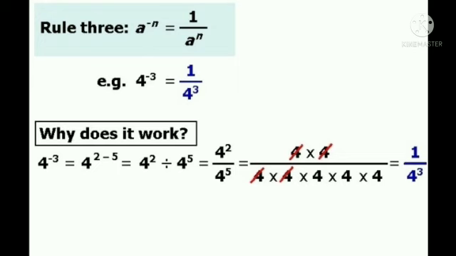Why will you take 1 as your numerator? As you can see in this example, if you divide the numerator by the denominator, nothing is left in the numerator. So if nothing is there in your numerator, you have to take it as 1. And in the denominator, how many 4s are remaining? 3. It means your answer is 1 upon 4 raised to 3.